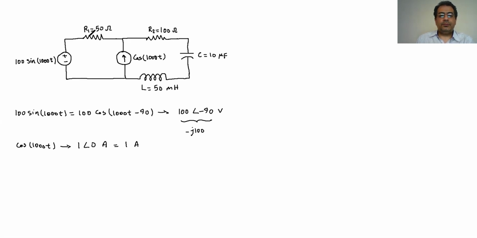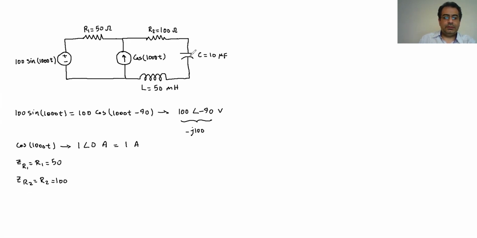Now I have to find the impedance for each of the elements I have here. I have two resistances. I know the Z for R1 is simply R1, which is 50 ohm. Z for R2 is simply R2, so it's going to be 100 ohm.